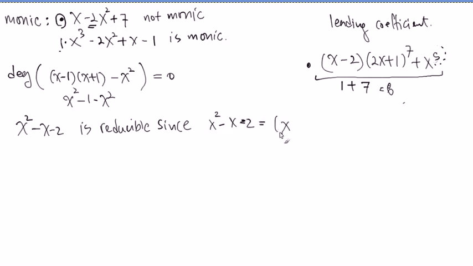So what are the factors? x minus 2 and x plus 1, right? Lower degree, all over the real coefficients. Minus 2 is a real coefficient and plus 1 is a real coefficient, right? Not an imaginary number, it's an actual number.